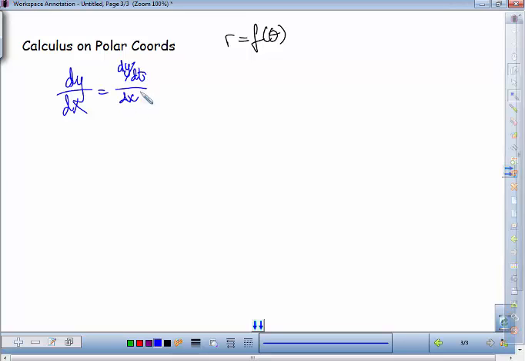But we have to transform this r equals f of theta into x as a function of t and y as a function of t.